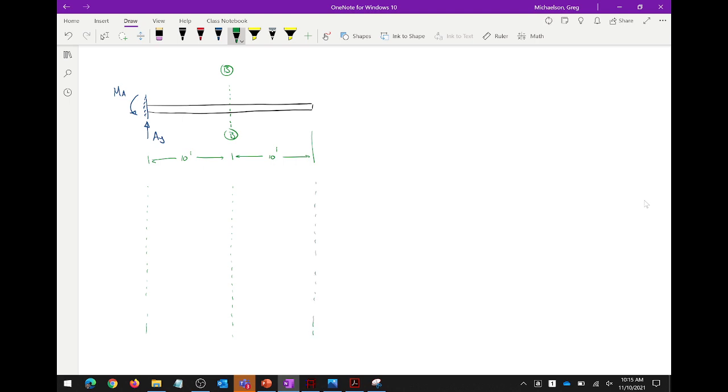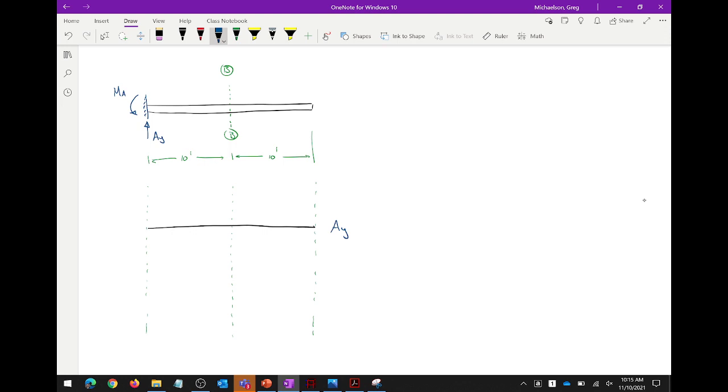Okay, so I've drawn my guidelines, and let's do the influence line for the reaction at A first. The first thing we're going to do is draw that influence line, then we're going to see if it makes sense, because I don't want to just draw an influence line and go, oh, there it is, move on. We're engineers. I want us to understand what we're doing.